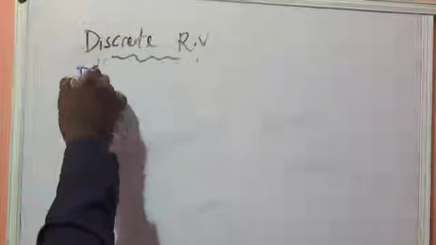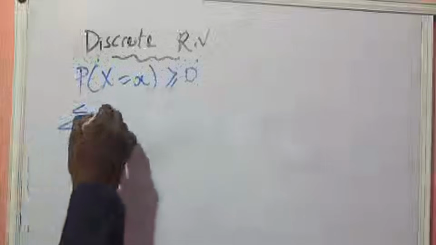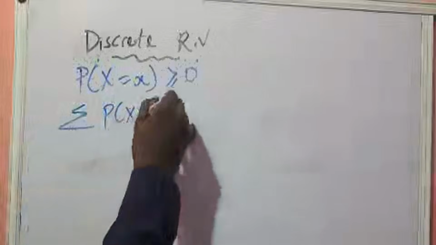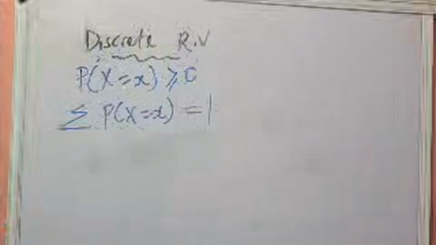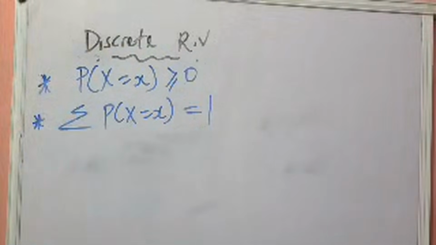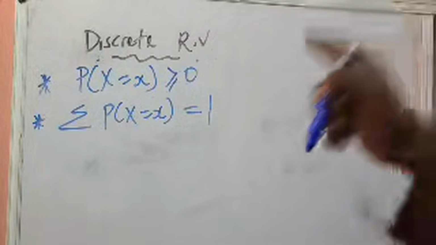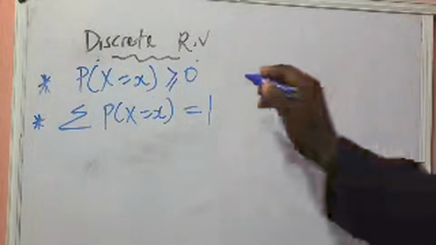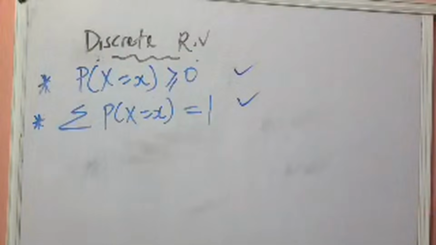For you to say something is a discrete random variable, you see these 2 different things I wrote right here? They are key. It is not one or the 2. These 2 things must happen for you to decide that something is a discrete random variable.